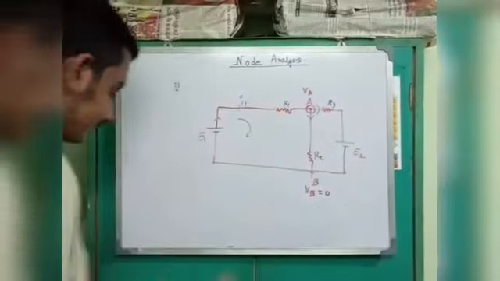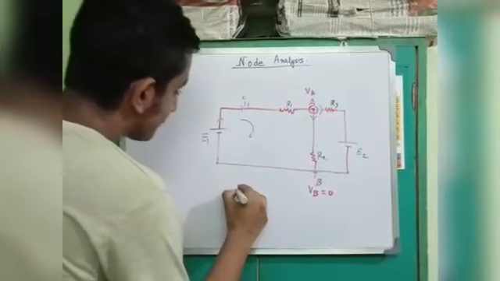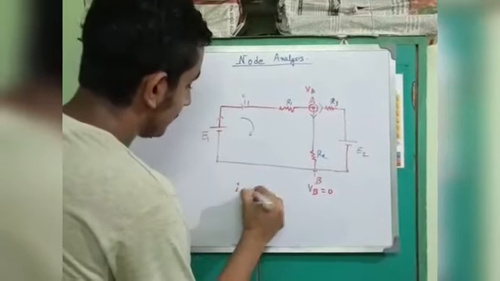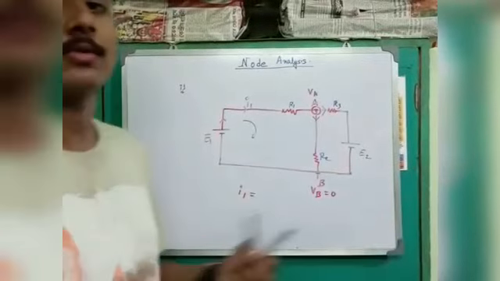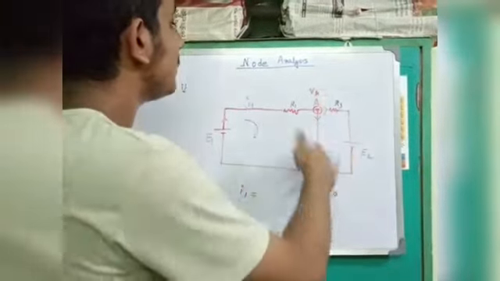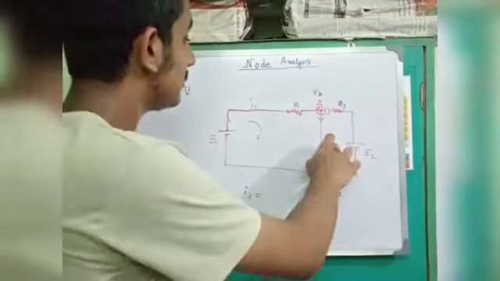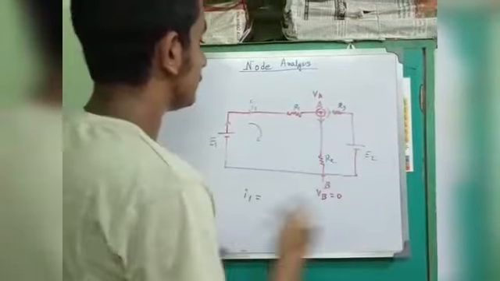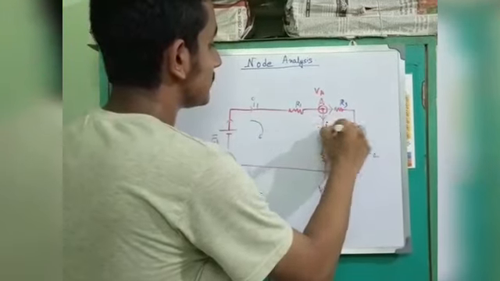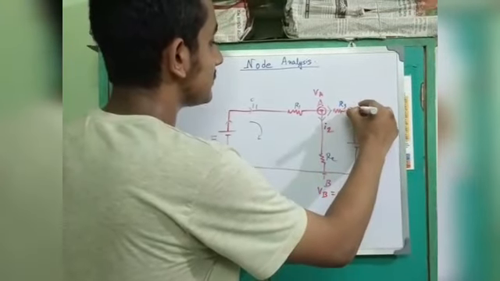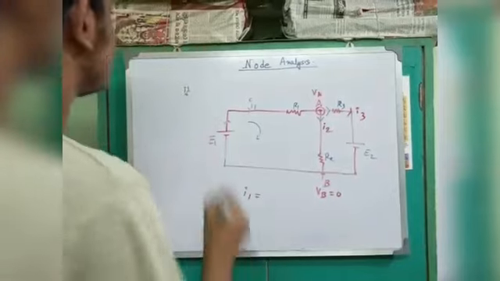So I1 equals, from your common sense, it's dividing in two parts. So I1, I2 and I3. This is I2 and this is I3.